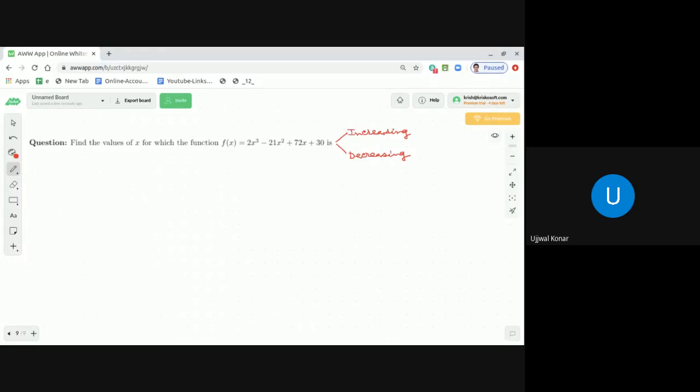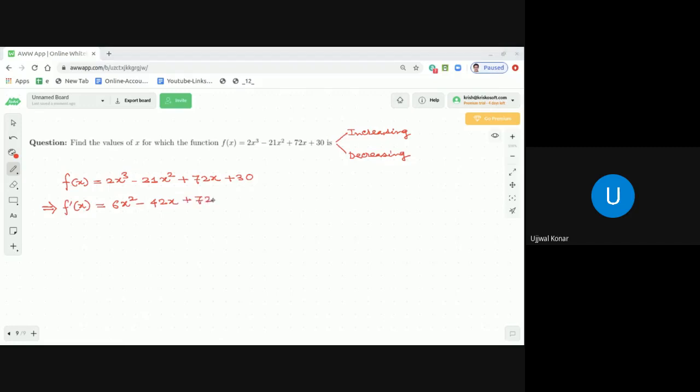So first and foremost, what we need to do, dear students, is find f'(x), correct or not? So what is f(x) here? f(x) is equal to 2x cubed minus 21x squared plus 72x plus 30. If we differentiate with respect to x, we get on the right hand side 6x squared minus 42x plus 72.